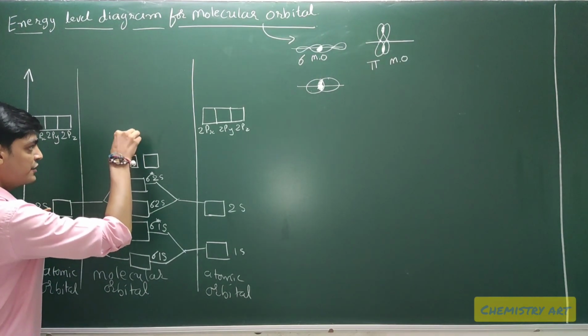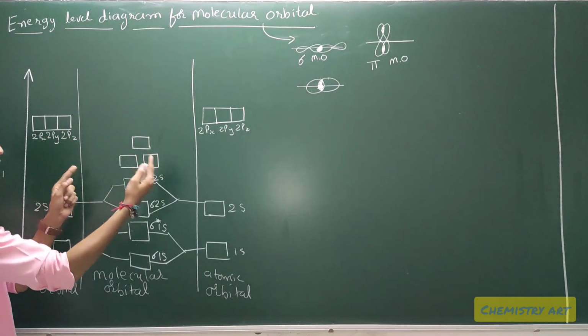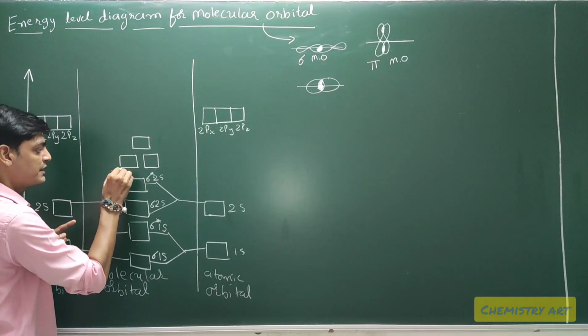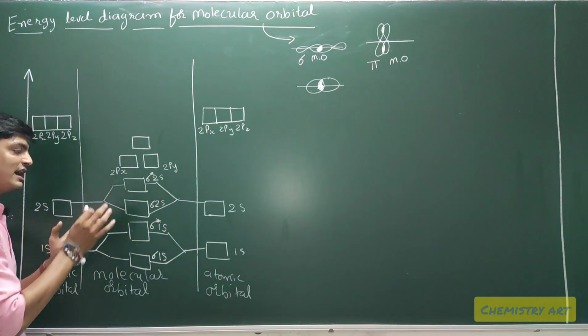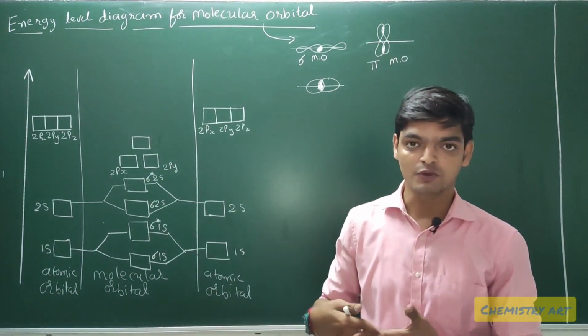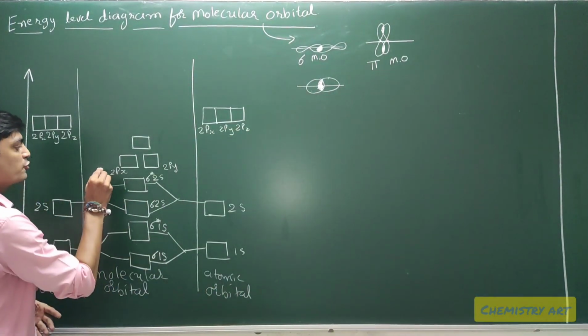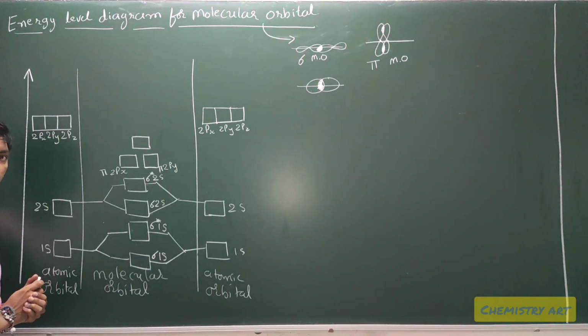So here you have to remember that first of all 2px and 2py form the pi molecular orbitals. So I will write here pi 2px and pi 2py, and they are bonding molecular orbitals.